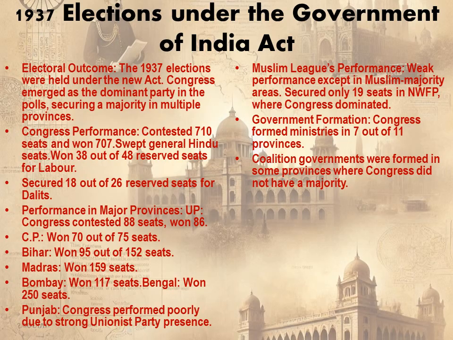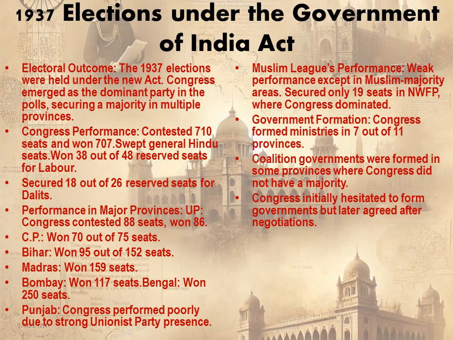So coalition government means forming government with the help of a group of political parties. So Congress, by being in alliance with other political parties, gained majority, and thus coalition governments were formed.